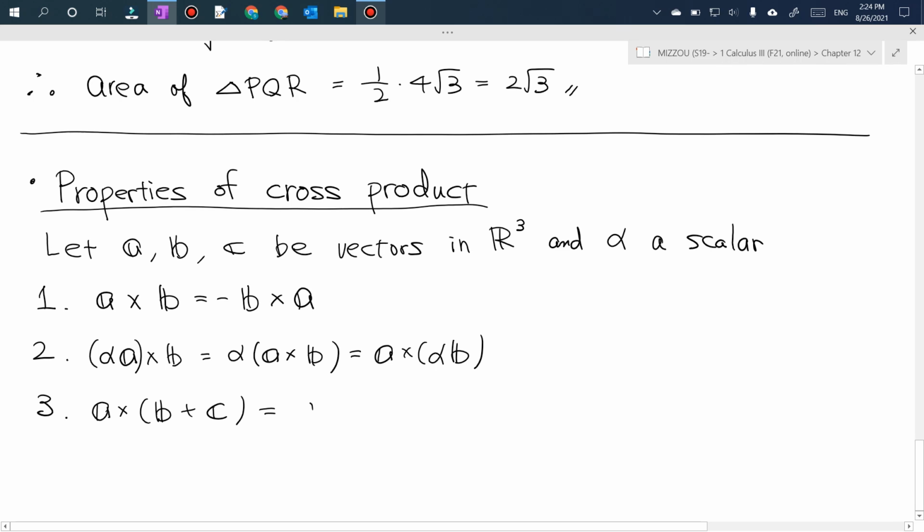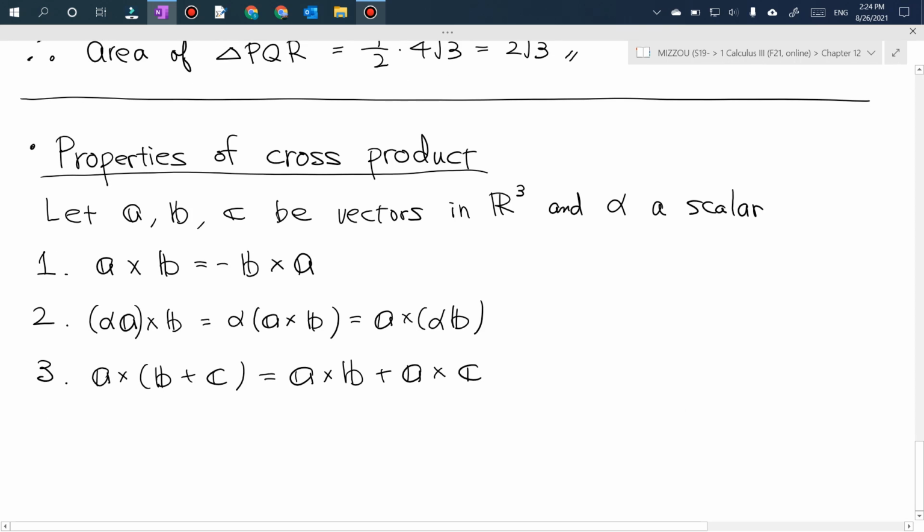Property 3: A cross (B plus C) is A cross B plus A cross C. Namely, you can distribute cross product like this. Or in other words, suppose you have three vectors and you add B and C and take the cross product. That's the same as taking cross products first and add them.